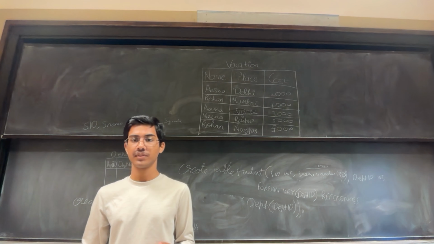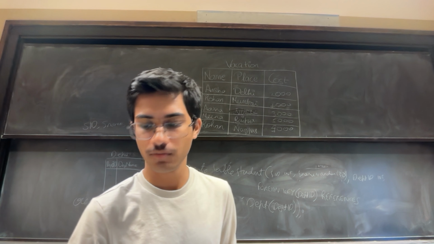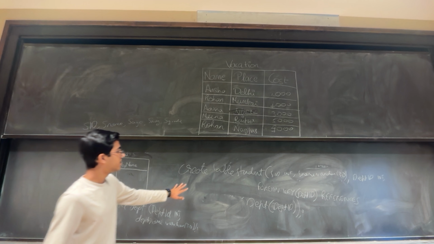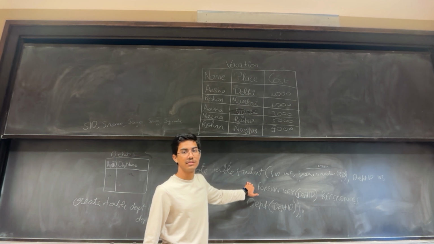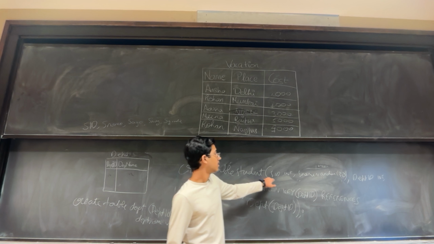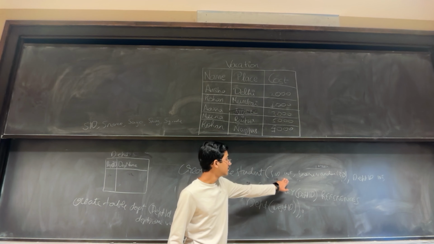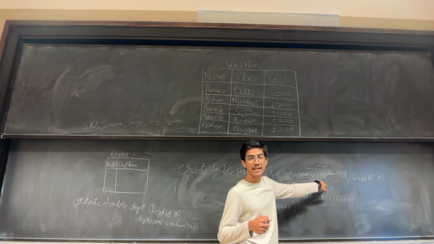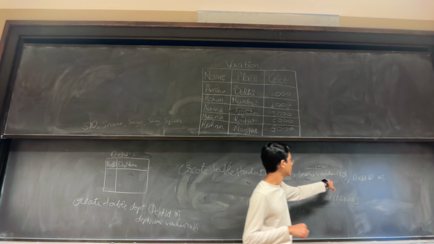That's it. Let's break this down further. What I just did was said create a table student. Done. First column SID integer, okay. S name varchar 30, okay.